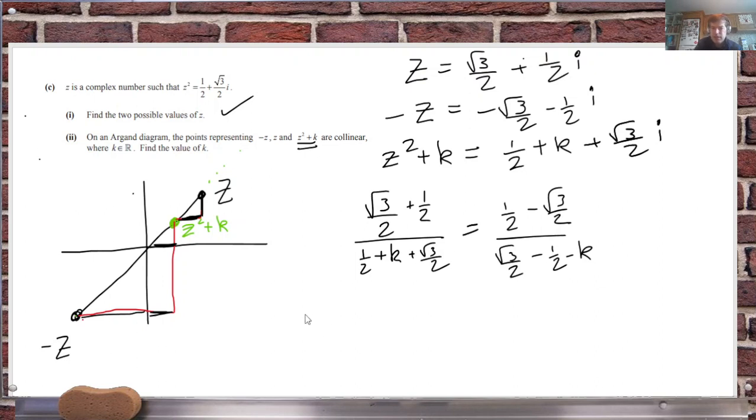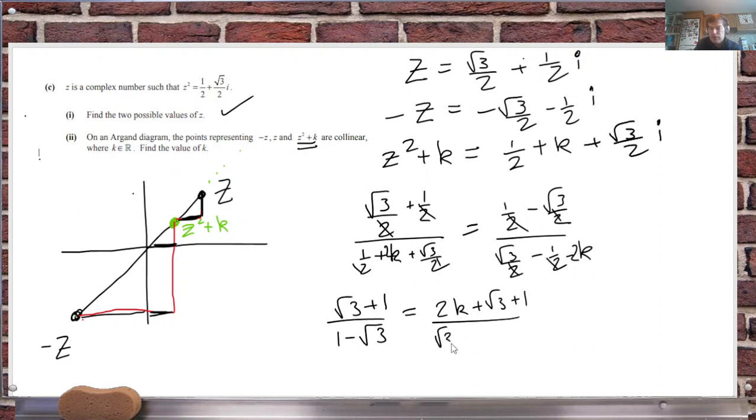So if I cross multiply, maybe I should get rid of the 2's first. So multiply everything by 2. So I have root 3 plus 1 over 1 minus root 3 equals 2k plus root 3 plus 1 over root 3 minus 1 minus 2k. Ooh. Okay, let's cross multiply.